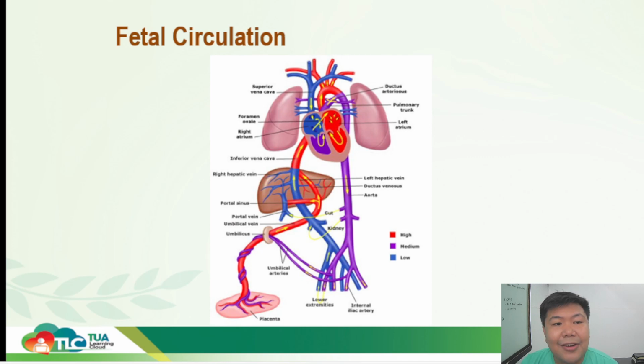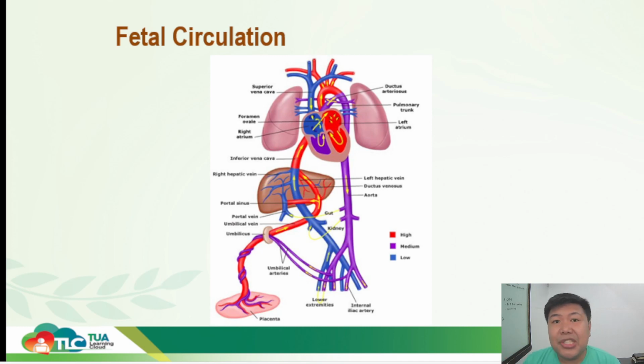Once inside the right atrium, there is a hole in between the atrial wall. So the wall that separates the right and the left atrium has a hole, and that hole is called foramen ovale. So the foramen ovale is a hole in the atrial wall from the right atrium to the left atrium in order to bypass the pulmonary circulation.